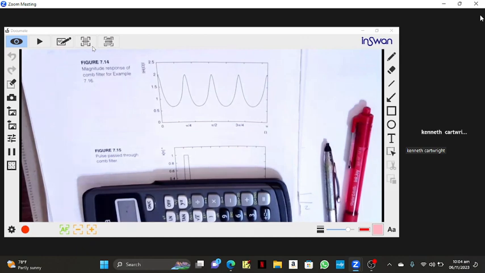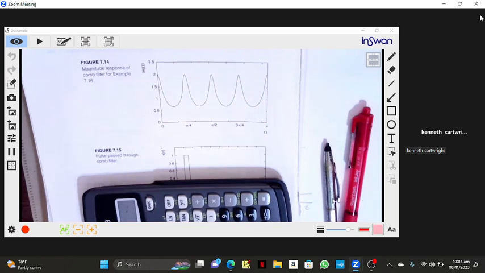It should be obvious from this plot why it's called a comb filter, because it has peaks like you find in a comb. Now, because of these peaks spaced periodically, that has a special effect on a pulse.